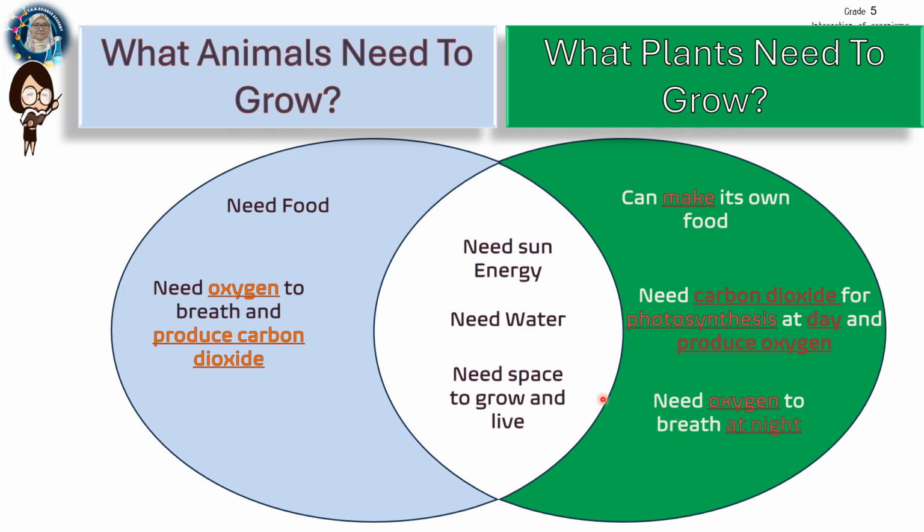During photosynthesis the opposite happens: the plant uses carbon dioxide and produces oxygen. So this is how animals and humans versus plants are different and how they are similar. Similarities and differences between plants and other living organisms.